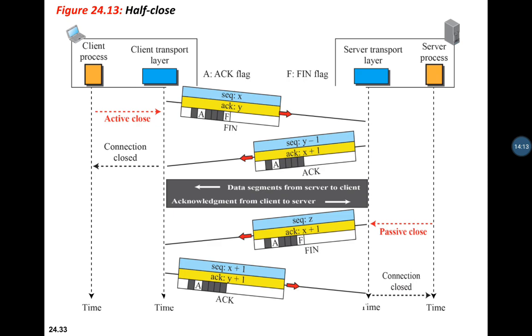When the data transfer from the client to server stops, the client half closes the connection by sending a FIN. Next, the server accepts the half close by sending an acknowledgement. Also, it sends the FIN segment after sending all the processed data. This is acknowledged by an acknowledgement from the client. This is about the half close.